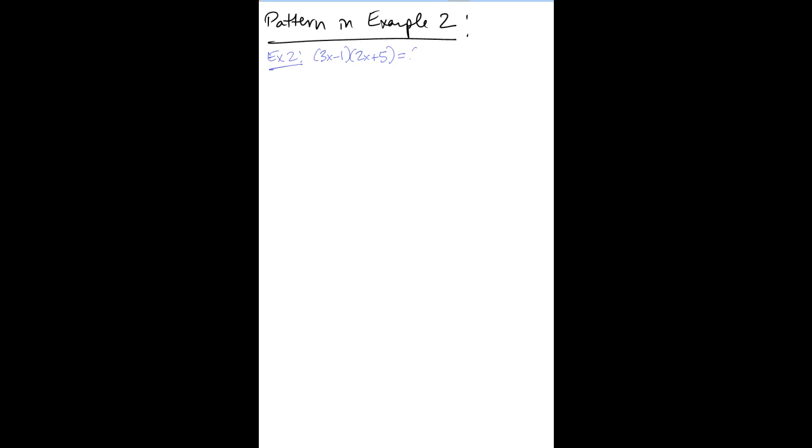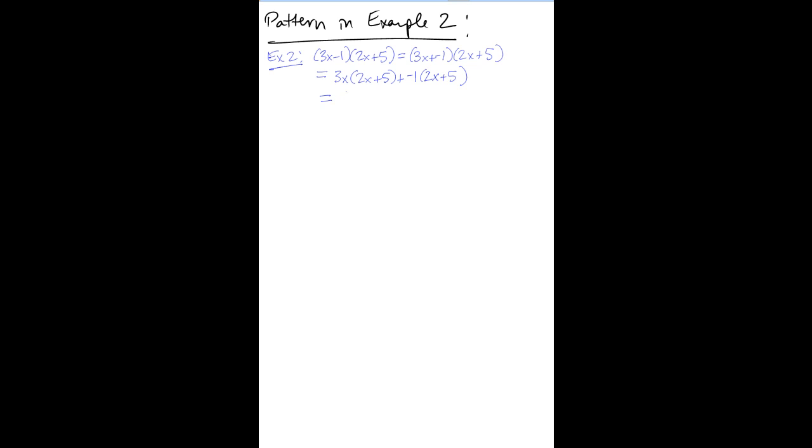We rewrote everything as addition. And then we did our distributive property, 3x times 2x plus 5 plus negative 1 times 2x plus 5.